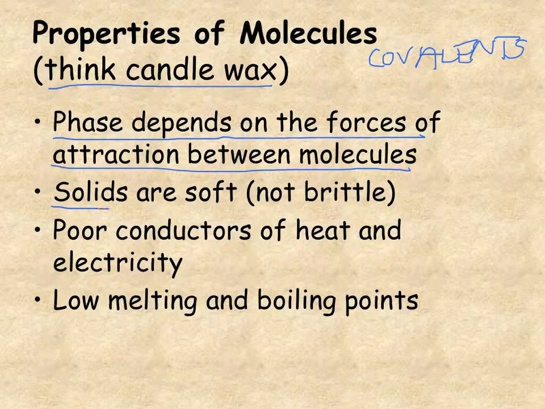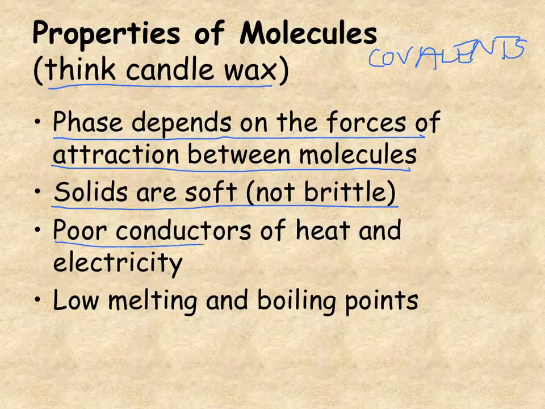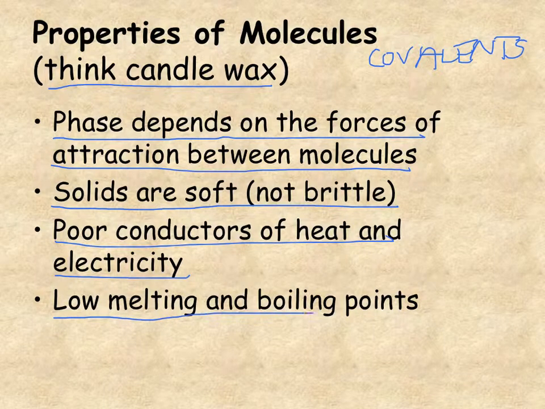Typically, if it's a solid material, it's going to be soft and not brittle, and you can think of, again, the candle wax application. And they're poor conductors of heat and electricity. Again, think about the candle wax. And in general, they have low melting and boiling points. However, some materials that are covalently bonded have extremely high melting and boiling points, and they are covalent solids.